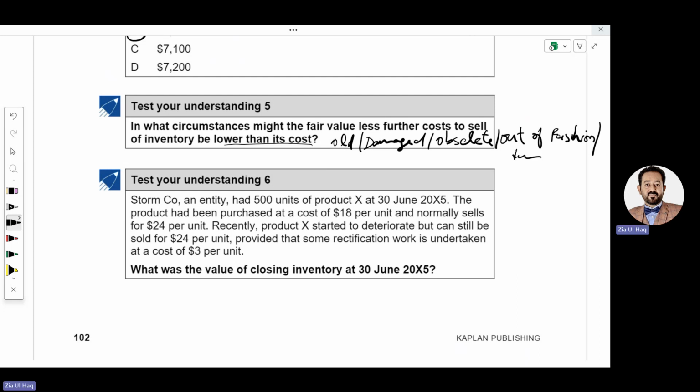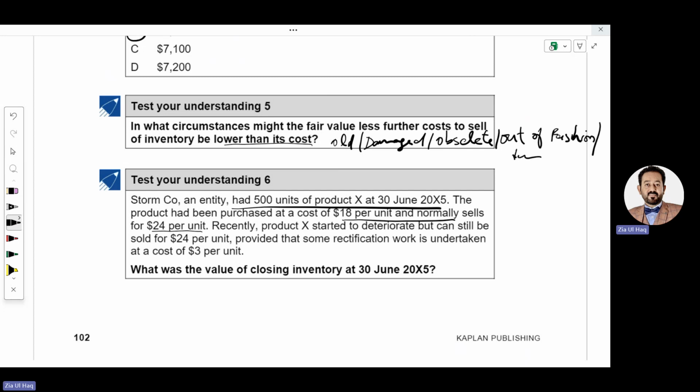Test your understanding 6. Storm company, an entity, had 500 units of product X at 30th June 20x5. If it is a year end, this is closing inventory. The product had been purchased at a cost of 18 per unit, and sells for 24 per unit.